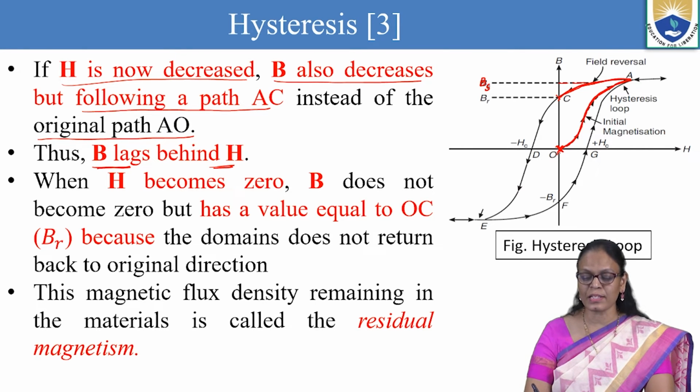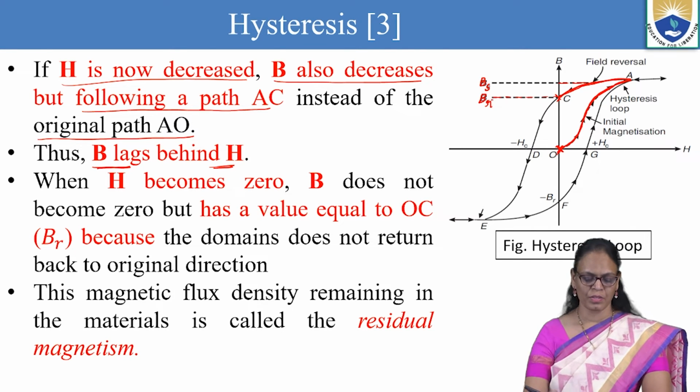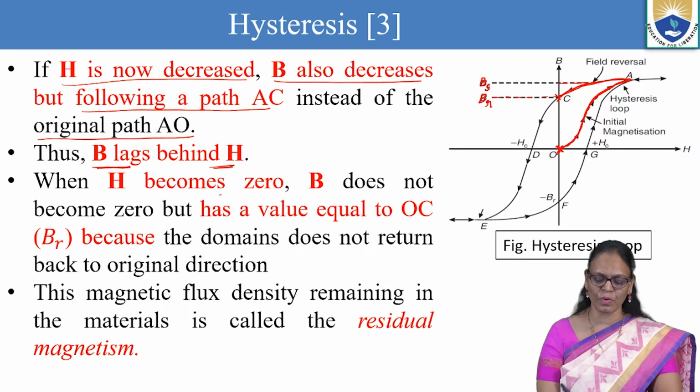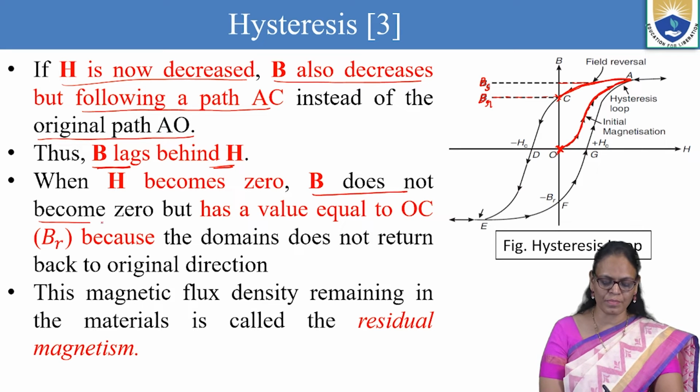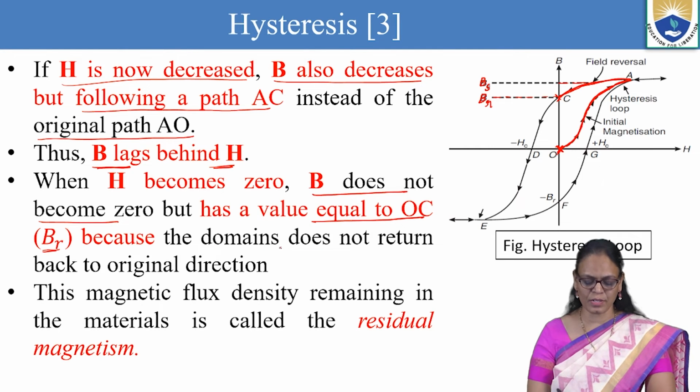That means when H is 0, B is not 0. It has a particular value which we call BR. So H becomes 0, but B does not become 0. It has a value equal to OC, which we denote by BR, because the domains do not return to the original position.